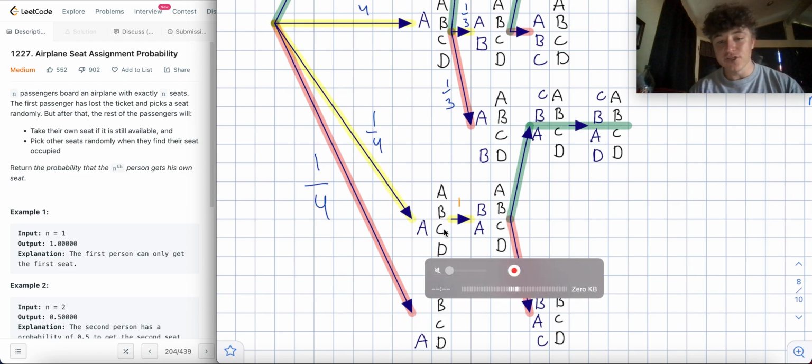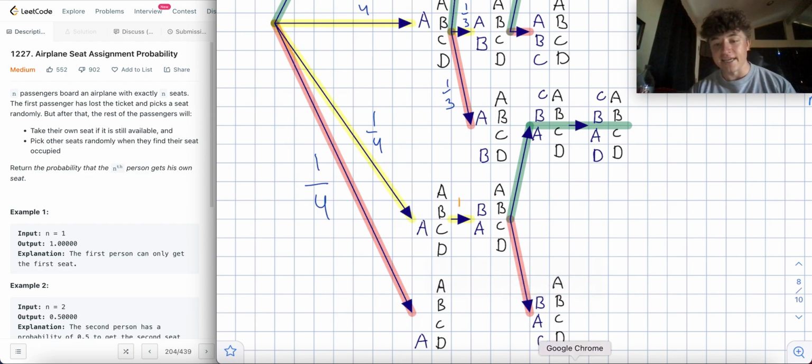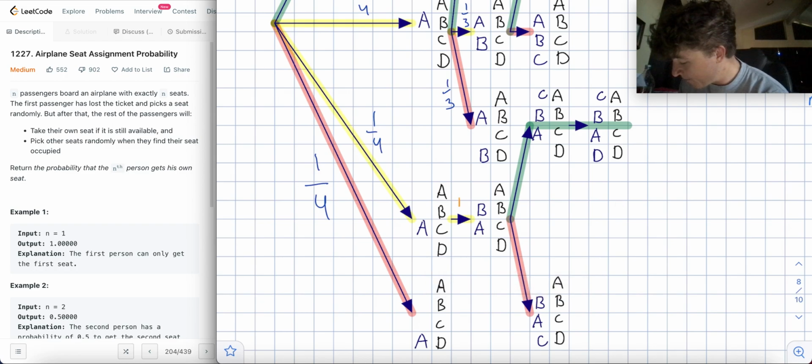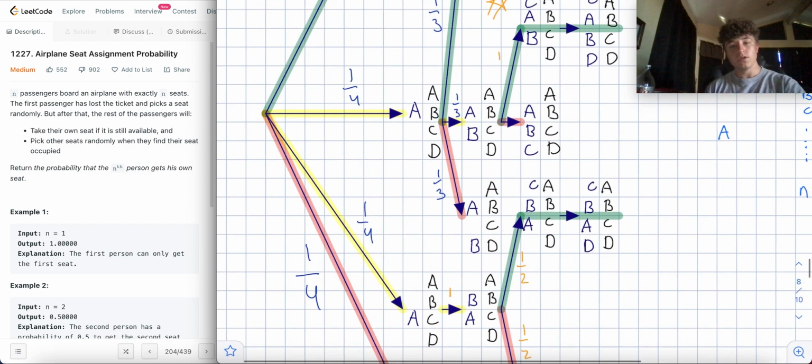A only conflicted with C. So when C walks up, we have this splitting relationship. If C takes A's seat, they just swap with each other and we're good to go. But if C takes D's seat, we have an issue. This will happen with 1/2 probability each. Let's get all the probabilities written out: 1/2, 1/2.